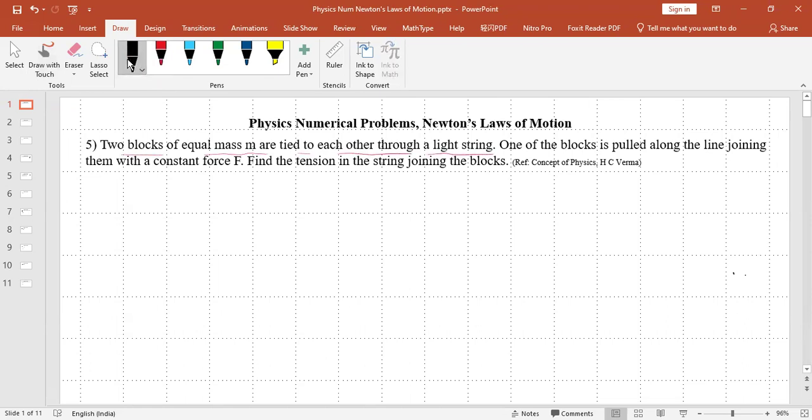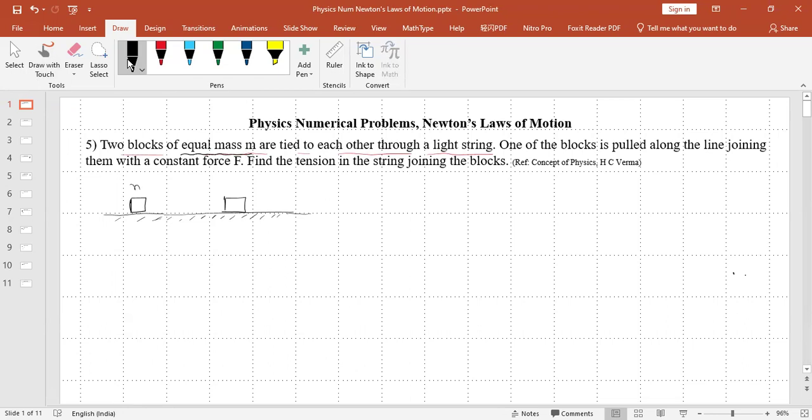So let's consider that on a plane surface like this, there are two blocks. Another is this. And it says both of equal mass m.